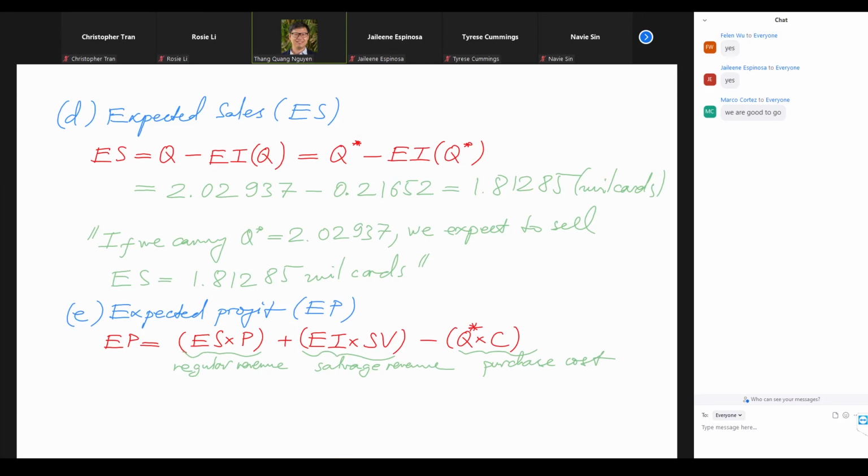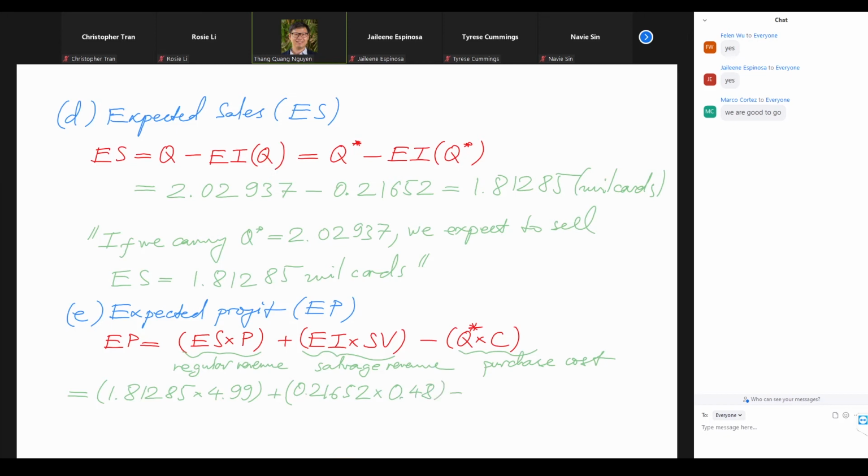So let's put the numbers in and see what we got. The first term is 1.81285, the number of cards that we sell, in millions of cards, and then multiply with 4.99, the regular selling price. The EI is expected leftover, so it is 0.21652 times the clearance price, 0.48, right?